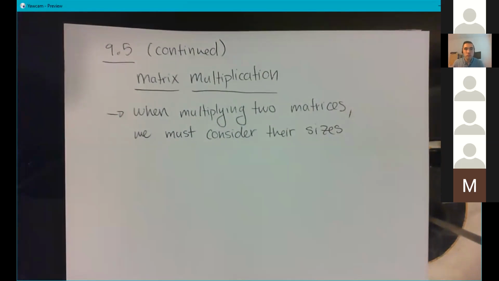When multiplying two matrices, we must consider their sizes, which I guess to talk about the size of a matrix is the same thing as the dimensionality. It's just that the dimensionality is the fancy, technically correct math word.